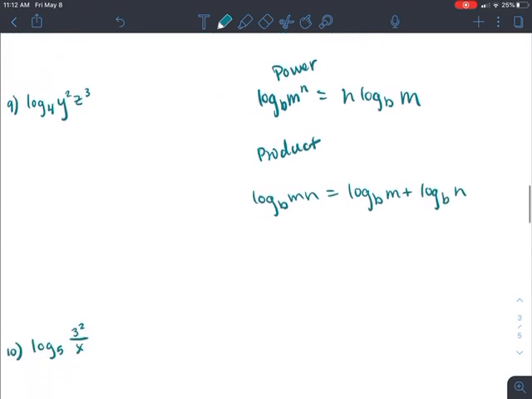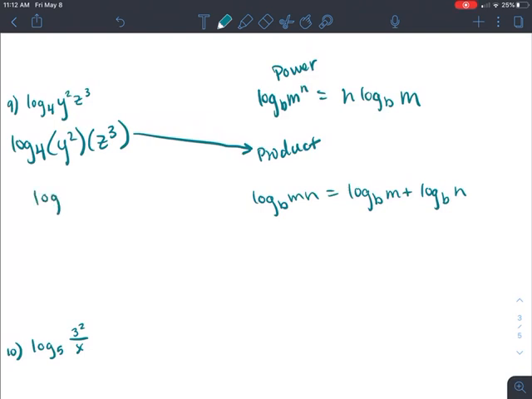Okay, so here I've got my log base 4. I'm going to separate this out so you see y squared and z cubed. That's how I know this is the product property. So we're going to separate that out, and I'm going to do this step by step for you.